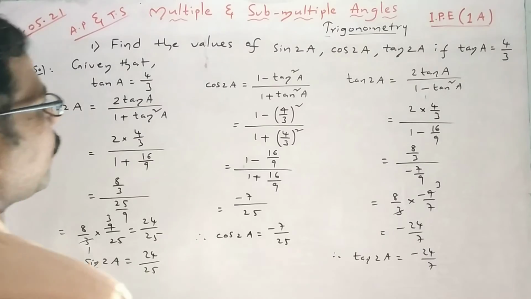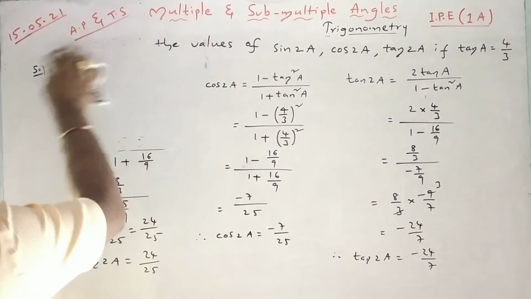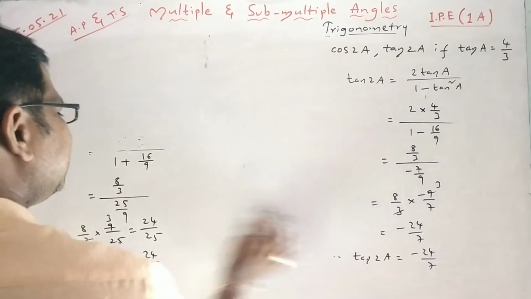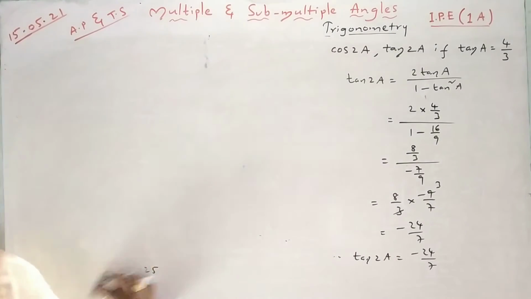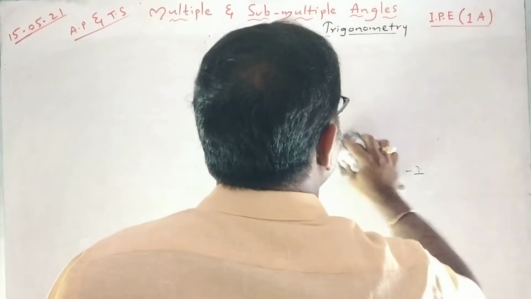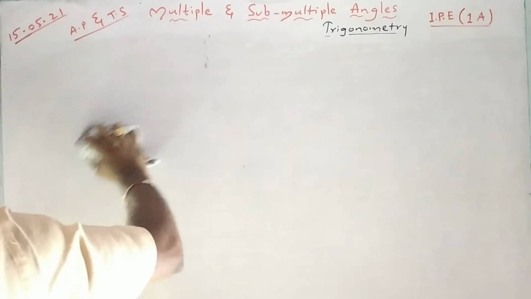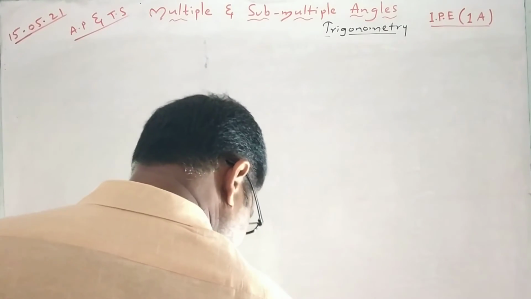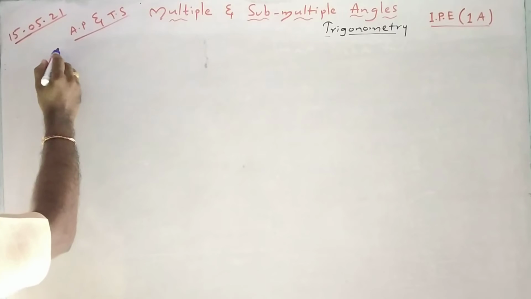Let us see one more problem. So by using all the formulae of multiple and submultiple, we can solve the problems. But you should be able to remember the formula. Okay. Second question.